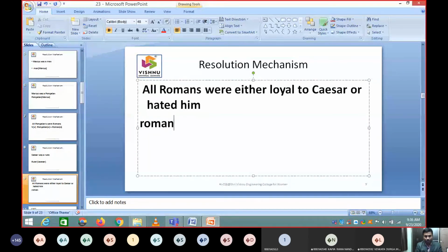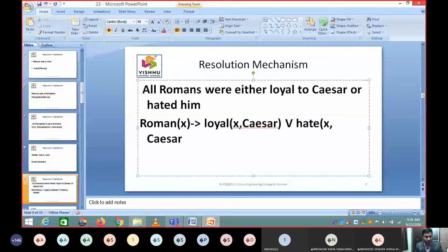If x is a Roman, Romans are either loyal to Caesar, or hate Caesar. So x is loyal to Caesar, or x hated Caesar. This is what we have discussed for the last two classes. That is the reason I am going faster.